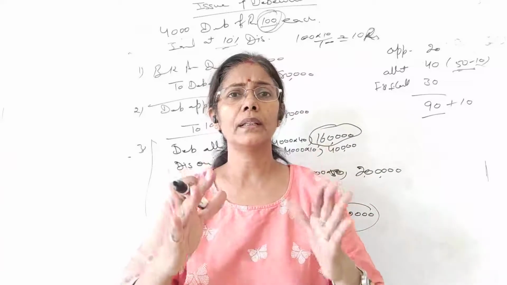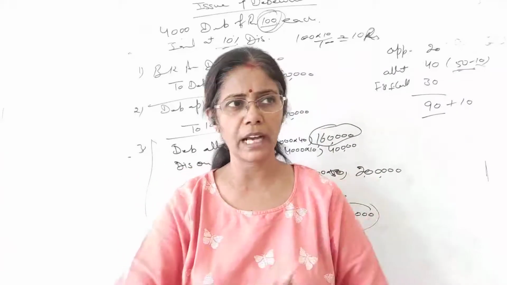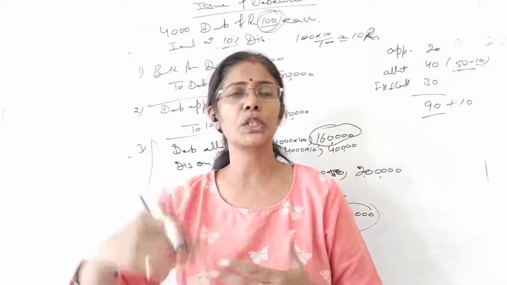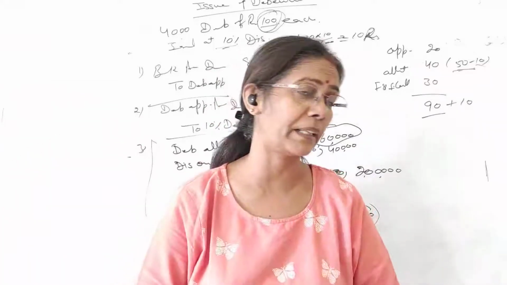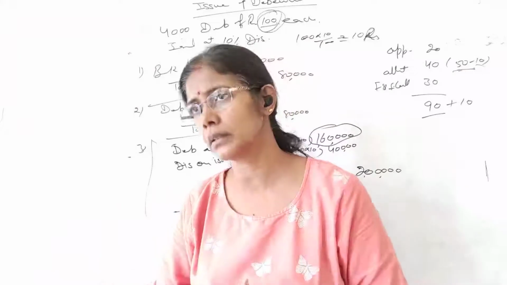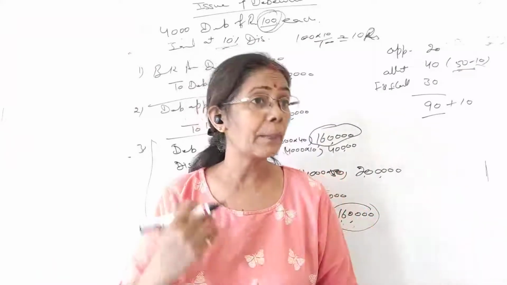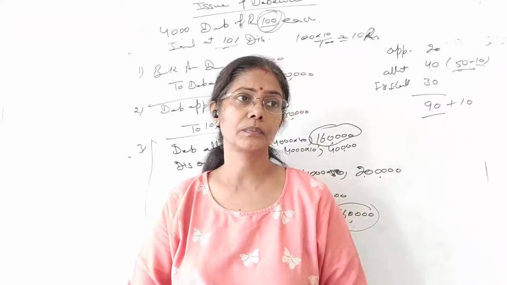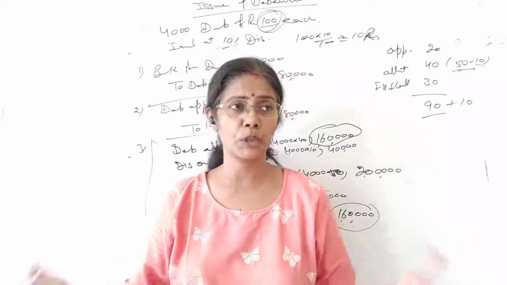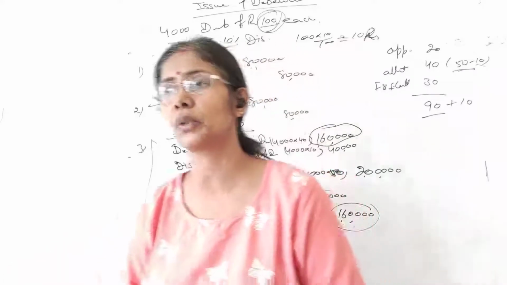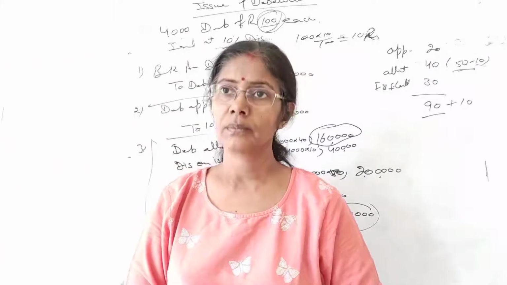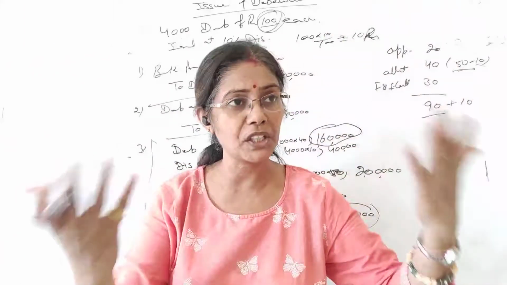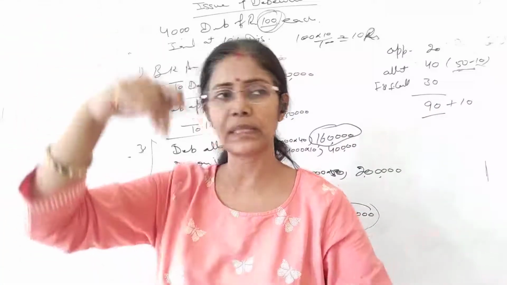Now, one is the situation we have done. You want to issue certain debentures, and you got the same number of debentures applied by the public. That's very rare in real life. What happens in real life? Most of the time, if your company's reputation is good, you get extra number of applications. When you get extra applications, this is called over subscription.